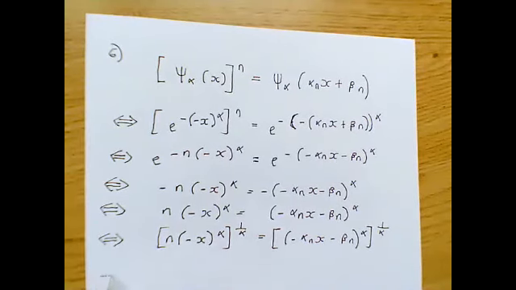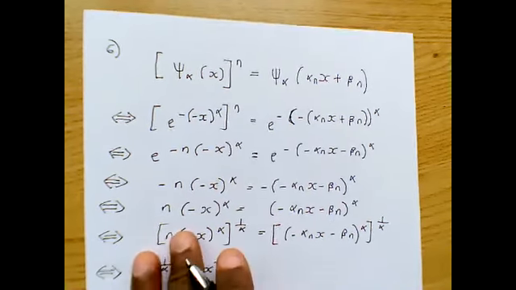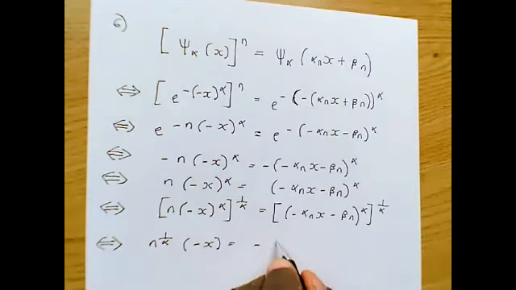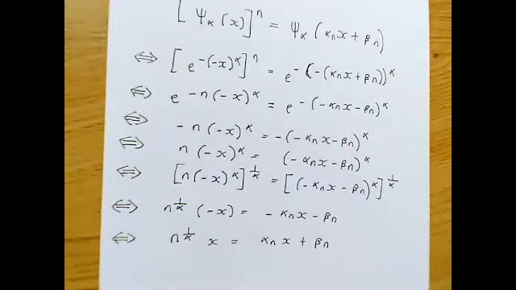So this becomes times minus x. This is what you get on the left, and on the right you get this. Now I'm going to multiply both sides by -1. You get n.